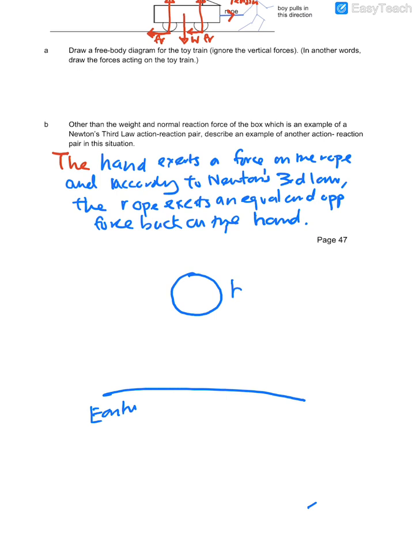So if let's say you have the ball and the earth, the action is the earth exerts a force on the ball, pulling the ball down, right? Then, according to Newton's third law, the ball will exert an equal and opposite force back on the earth.